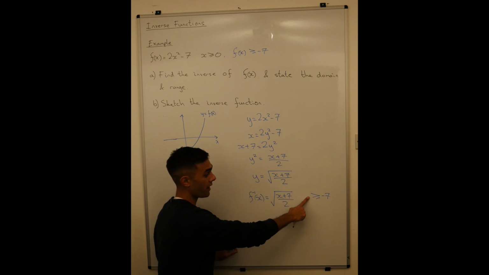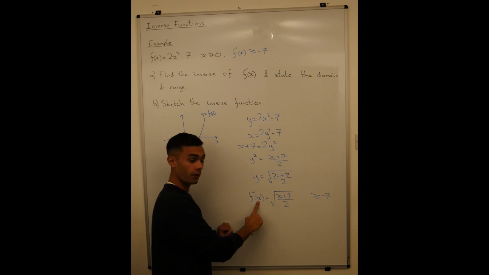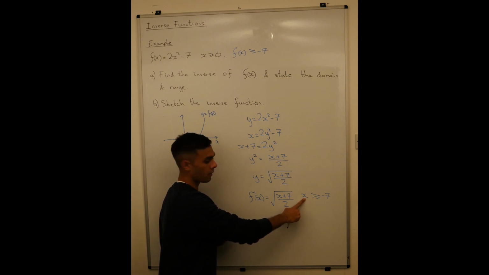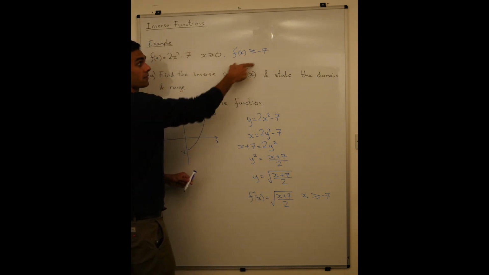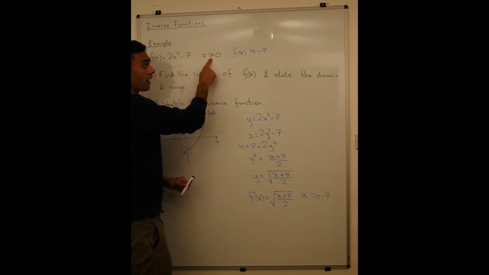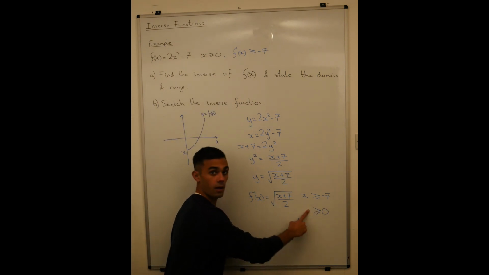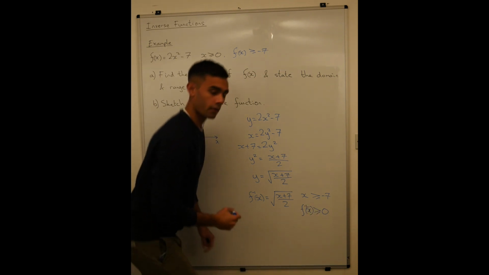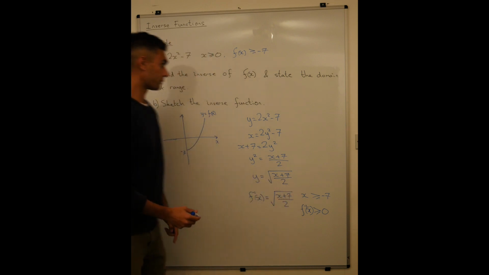But I'm not going to write f of x here exactly like that, because I'm talking about what I'm putting into the inverse. I write exactly the same inequality, but with x here instead of f of x. The range of this, what's it mapping to? Well, it maps this back to this. That's the range of the inverse. And instead of x, we're going to have that there. There's your inverse function, there's the domain and the range.